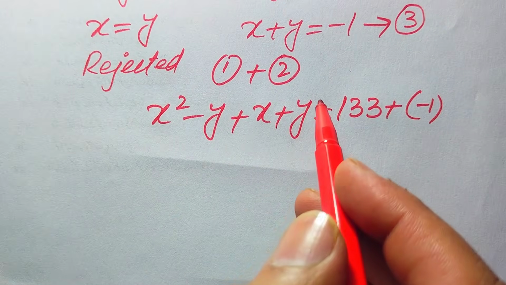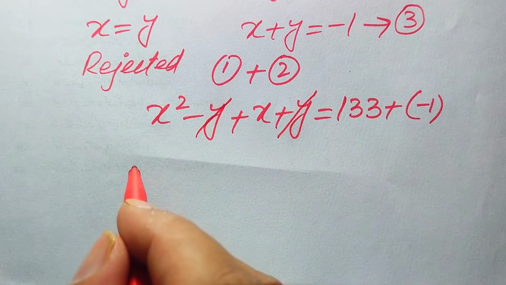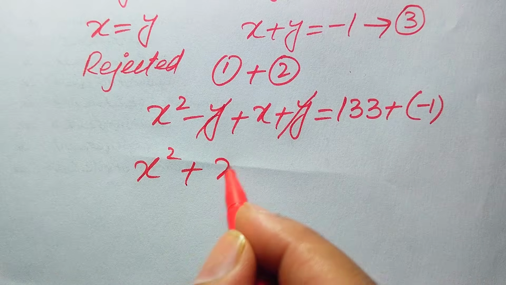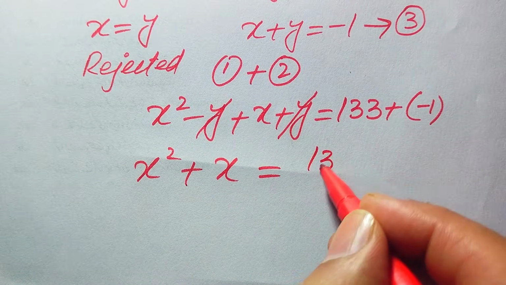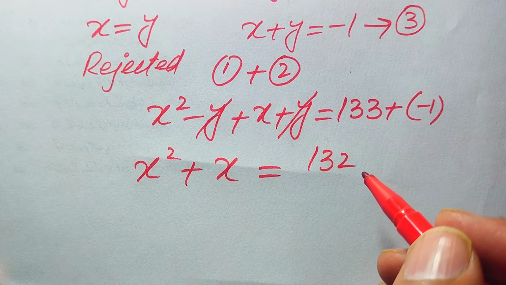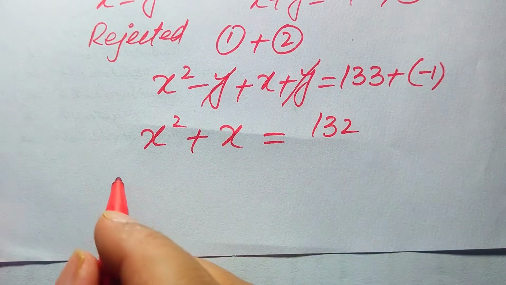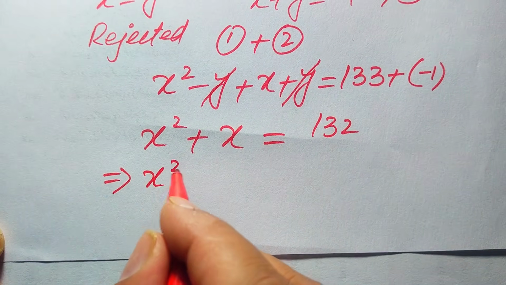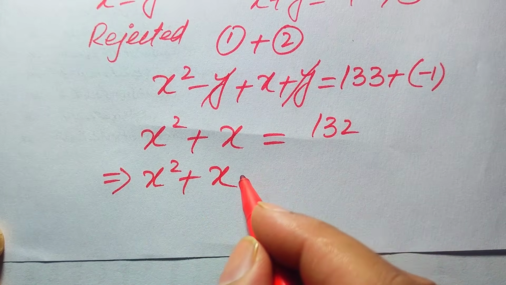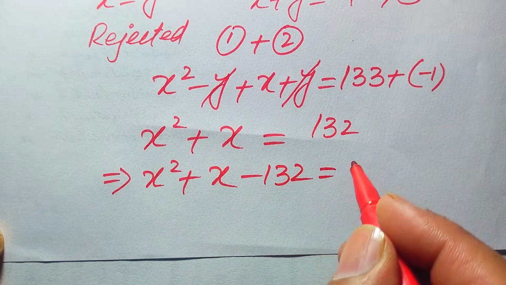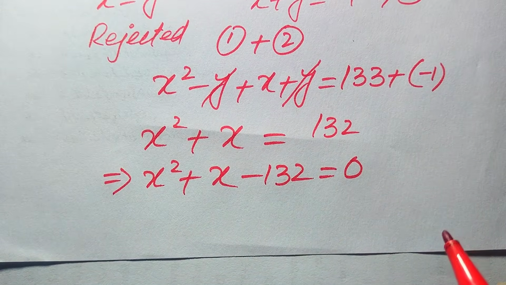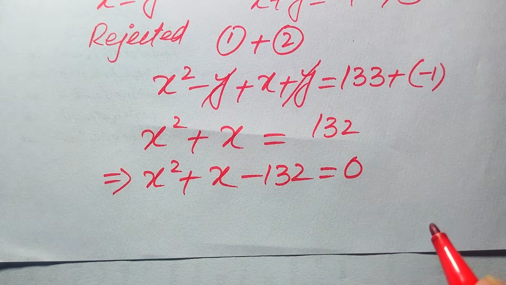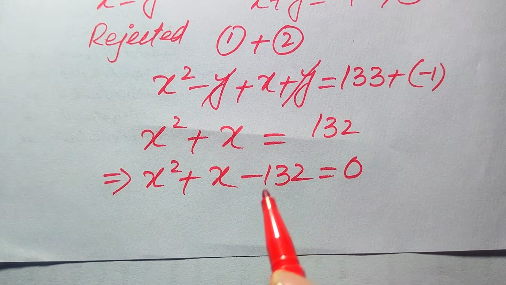Further, you see that positive y and negative y are gone, and we get x square plus x equals 133 minus 1, which becomes 132. So here we move 132 from the right hand side to the left hand side, and it becomes x square plus x minus 132, and this whole equation equals 0. So after a little bit of simplification, we get both of these two equations into a single quadratic form in the x variable.